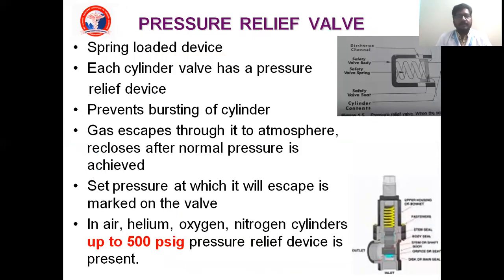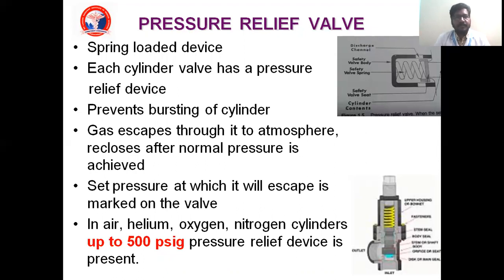Now coming to the pressure relief valve. It is very, very important in the high pressure system, because the high pressure system starts from the cylinder, with high pressure, for example 1900 psig for oxygen and 750 psig for nitrous oxide. If that enters the patient's lung, it will cause barotrauma or volutrauma. So in order to prevent that, we have a pressure relief valve.